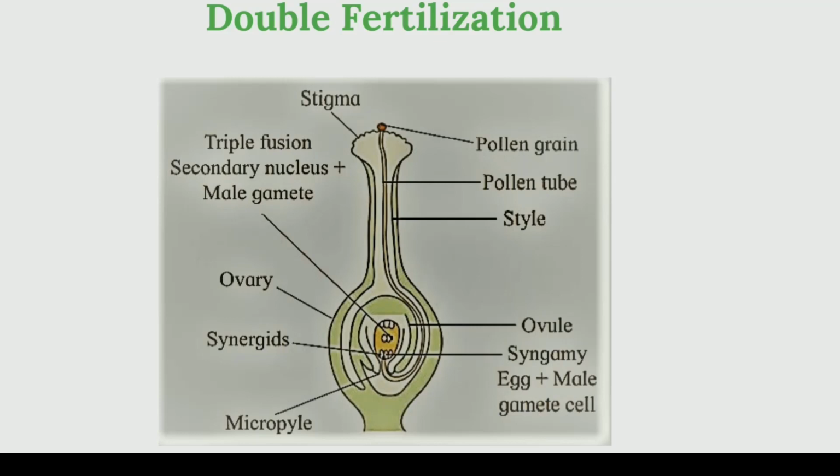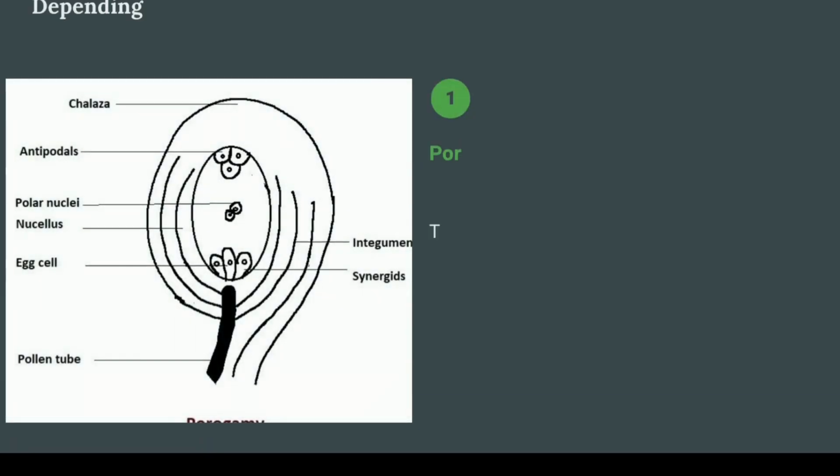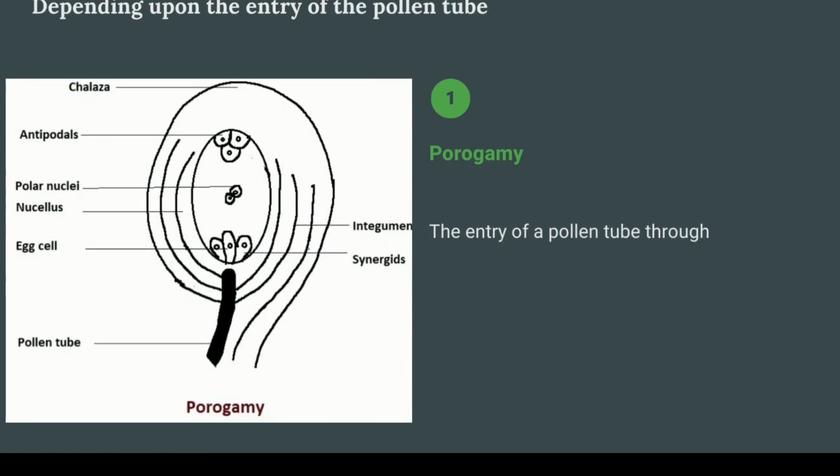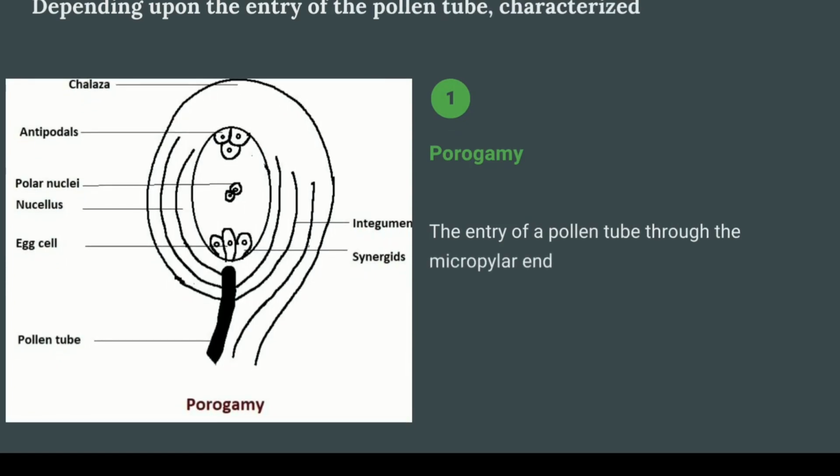This is why it is called double fertilization, and these cells will develop in later stages and form the complete endosperm. Okay, now depending on the entry of the pollen tube, it is divided into three different types.